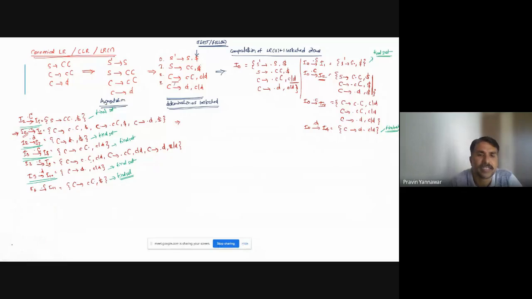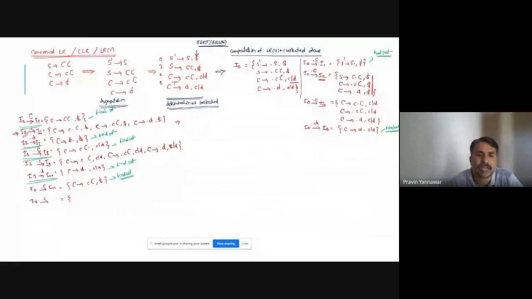Let's go further. With I6, what can we go for? When we say I6 with dot small c, right? Because I have to look for this.